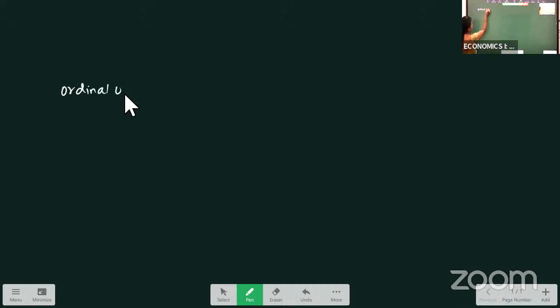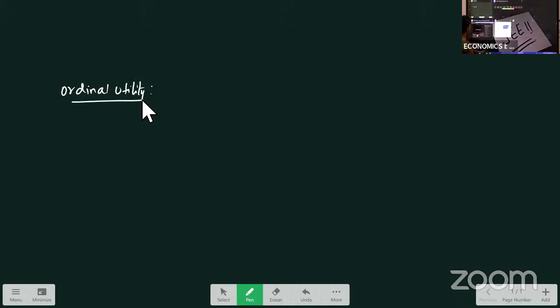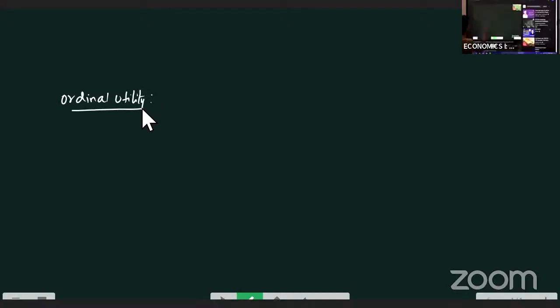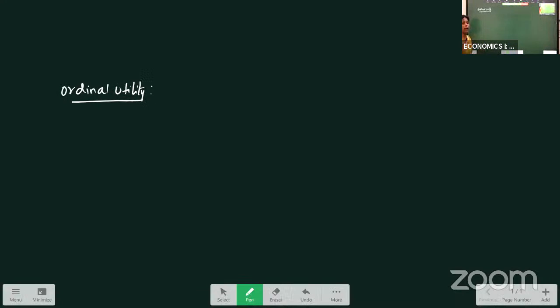Based on ordinal utility, we will study the indifference curve.